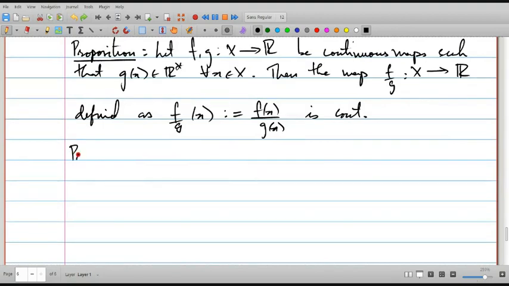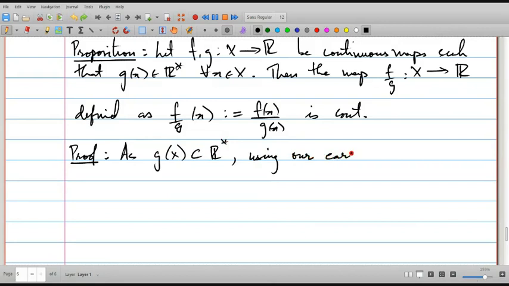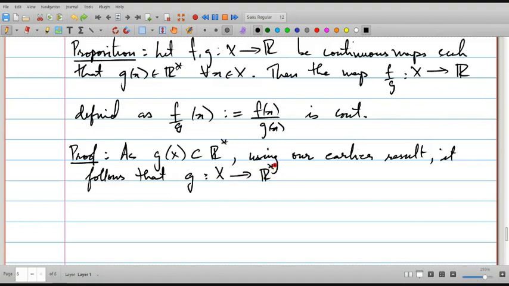So how do we prove this? As g of x is contained in R star, using our earlier lemma, it follows that g actually defines a map from X to R star.